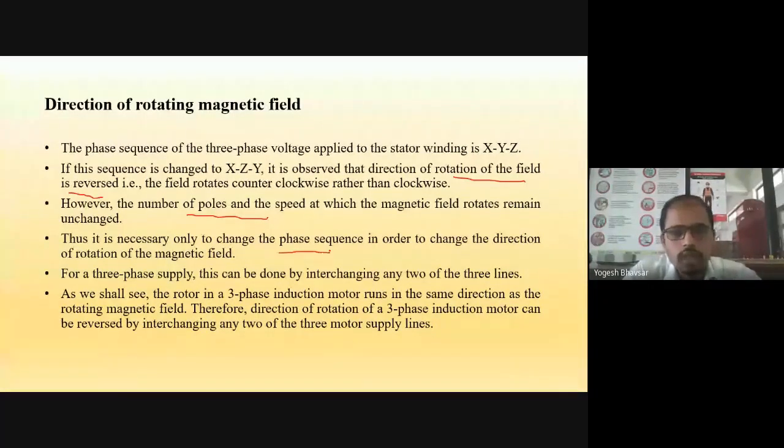Thus, if you want to reverse the rotation of the motor, we simply want to interchange any two phases, or we want to interchange the sequence. Right?